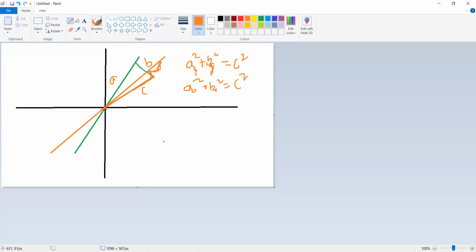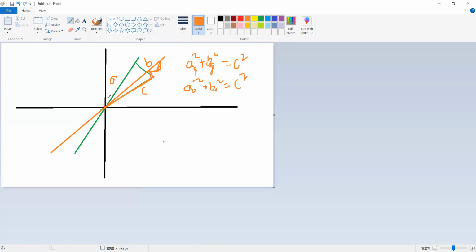Now, your slope, each of this value is going to be delta x by delta y.